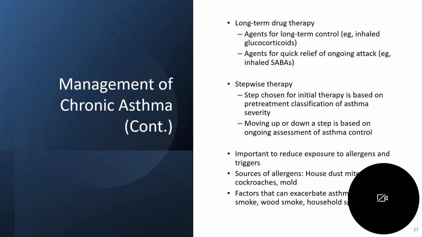They can have those rescue inhalers should they need that. Depending on how their asthma is being controlled, you might have more strenuous treatments, and that can change. It's very important if I have a patient who has allergic reactions, and that's why I'm giving them these medications, which can cause some pretty severe side effects.